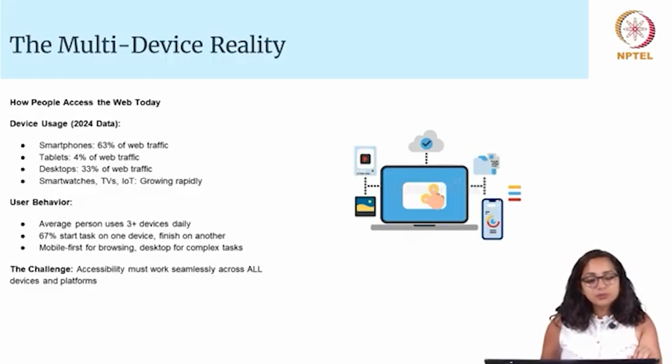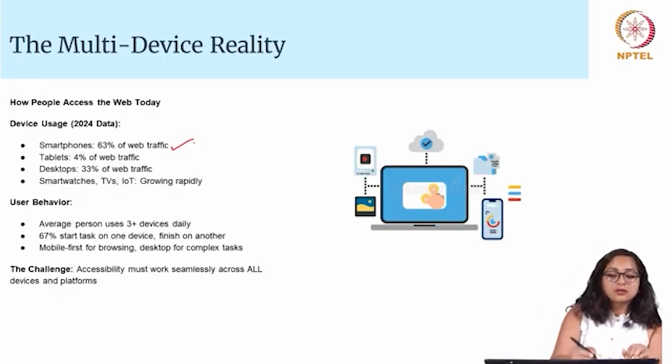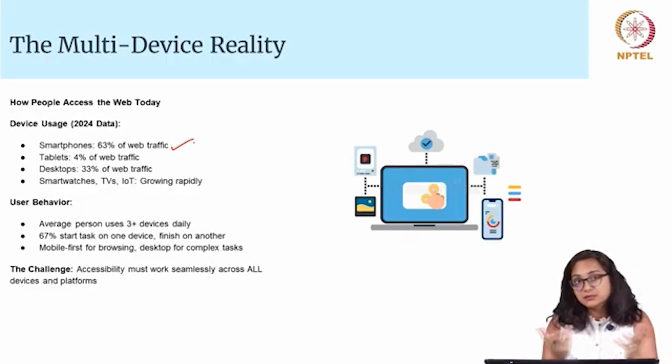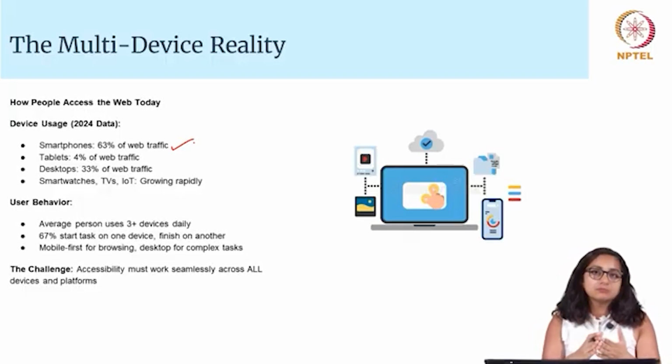So, how do people access the web today? Smartphones contribute over 60%, around 63% of web traffic, tablets around 4%, desktops around 30%, and smartwatches, TVs, IoT, and other devices are growing rapidly.